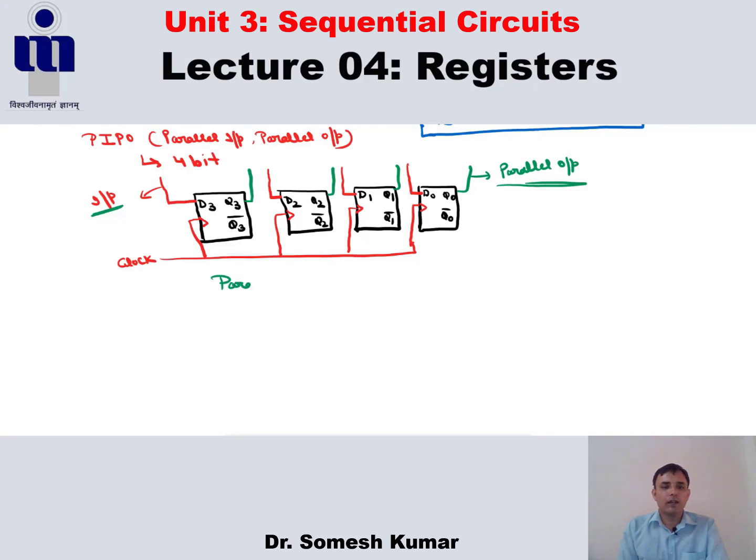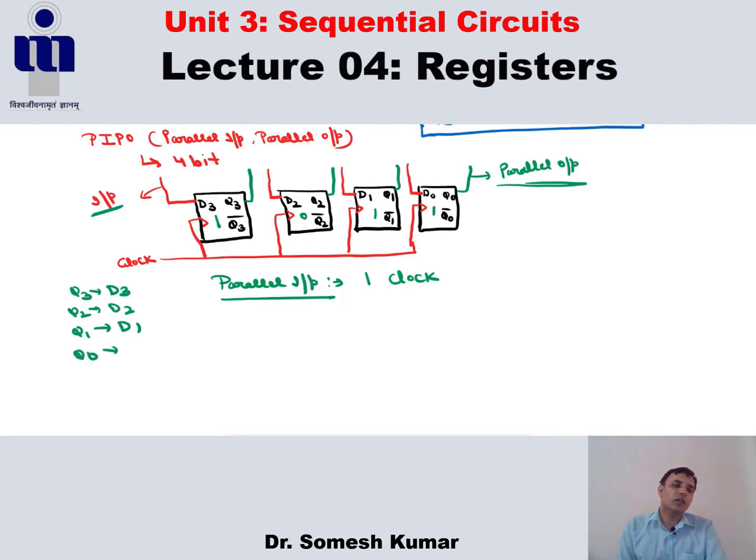For the parallel input operation, how many clock pulses are needed? Initially, if you are giving, for example, 1 0 1 1 here, how many clock pulses? Only one clock pulse is needed for this input operation, because after one clock pulse Q3 becomes D3, Q2 becomes D2, Q1 becomes D1, and similarly Q0 becomes D0.